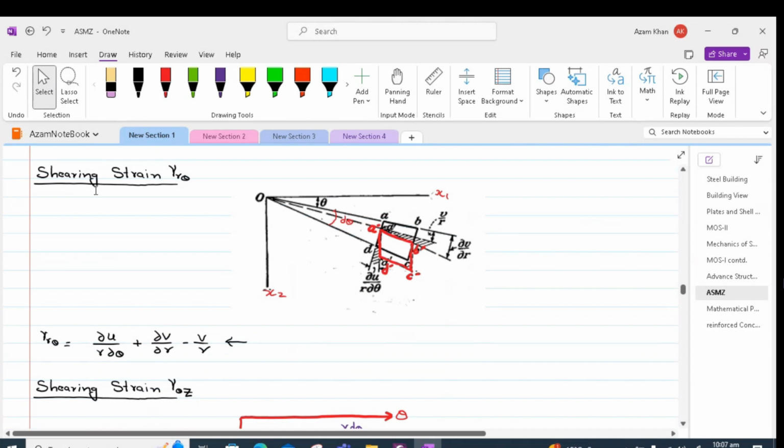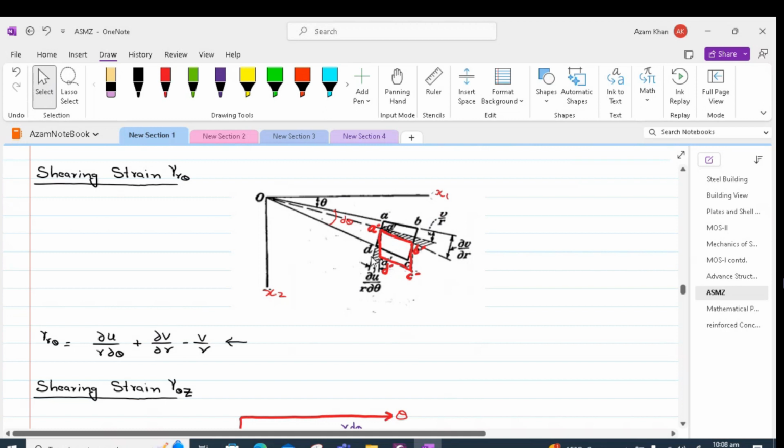The same idea can be employed in working out the shear strain gamma r theta. We are talking about the element in the r theta plane. So we have the angle between AD and A prime D prime, and the angle between AB and A prime B prime.